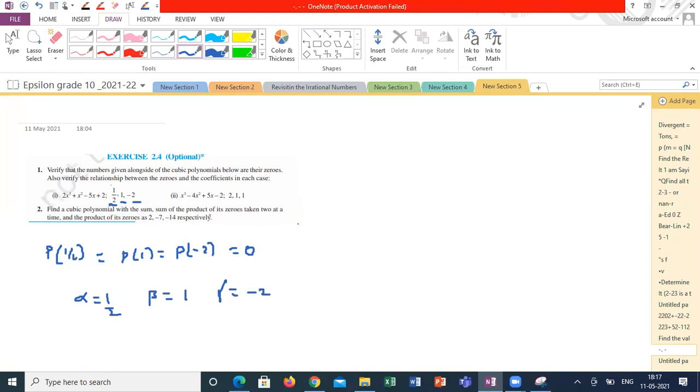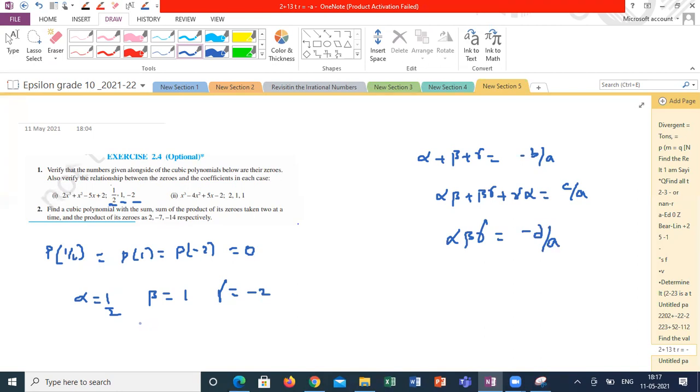And also he is asking us to verify the relation between the zeros and the coefficients of the polynomial. Alpha plus beta plus gamma is equal to minus b by a, correct? Alpha beta plus beta gamma plus gamma alpha is equal to c by a, alpha beta gamma is equal to minus d by a. First check whether these are the zeros of the polynomial or not.